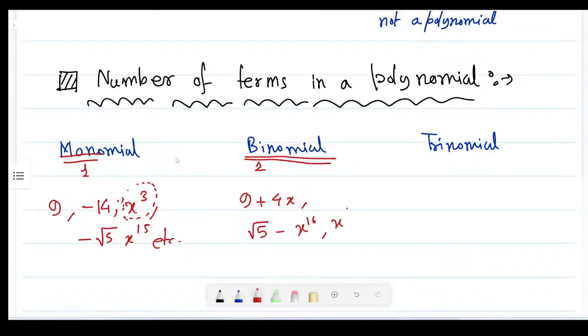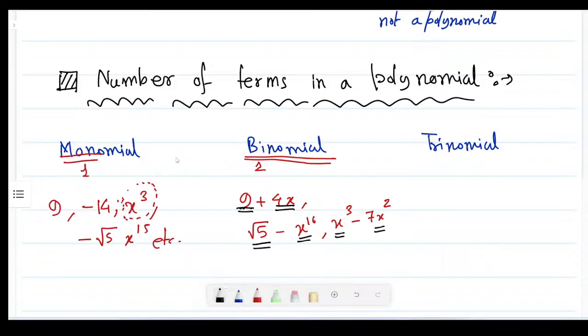It may be x to the power 3 minus 7x to the power 2. Anything. So in each algebraic expression we can take only two terms. So these all are binomials.